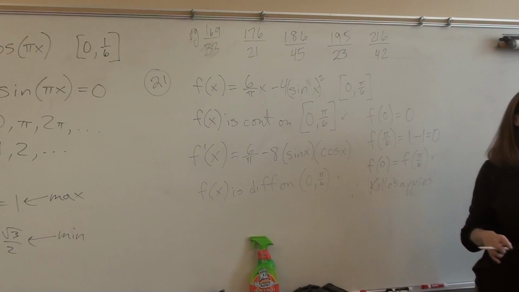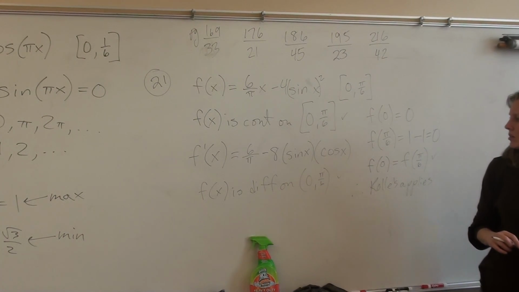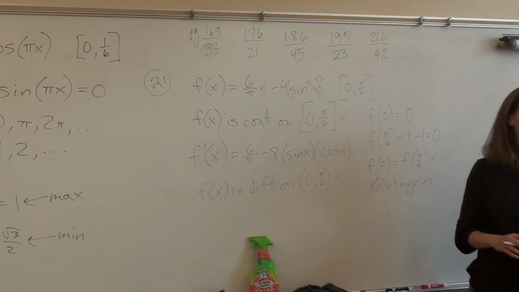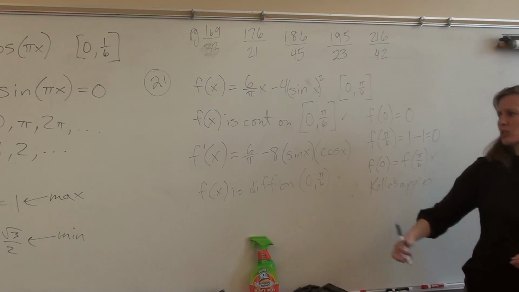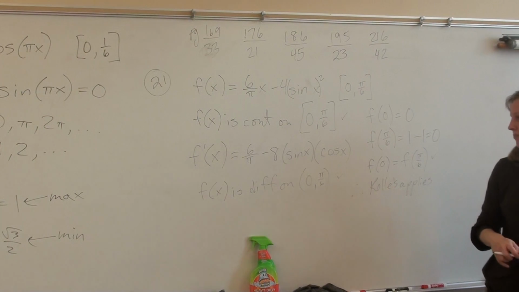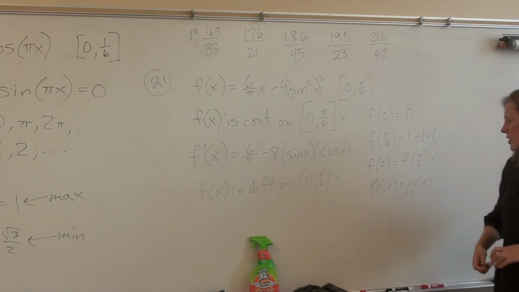That's what I do. You couldn't do sine inverse and then cosine inverse. That would be tricky. Because I equated 0 and then I brought the 6 over pi to the other side, divided by negative 8, and then I don't know. I'd have to think about that a minute to see if that would work. I personally would just throw the whole thing into y equals and find the zeros. Okay. That's what I would do. Alright, so that's that one.